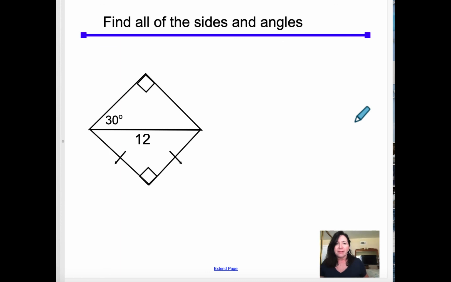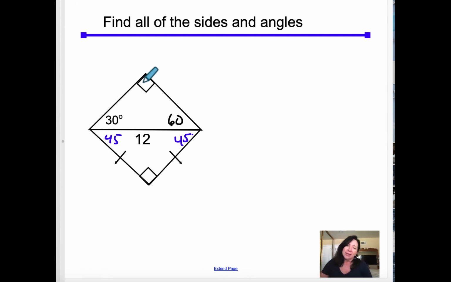Okay, for this one, to find all the sides and angles, I know that's 30, so that must be 60 and 90. Because these are congruent and it's a right angle, that also means that the angles are the same, which would only mean that they're both 45 degrees. So this is a little tricky for sure.